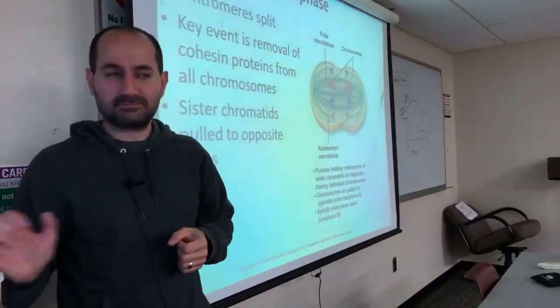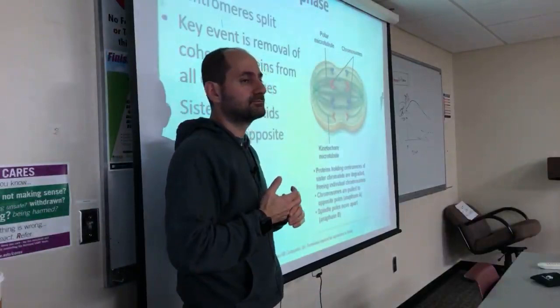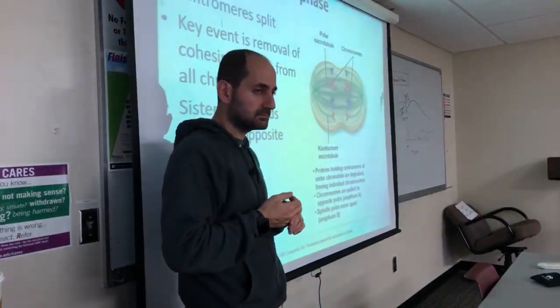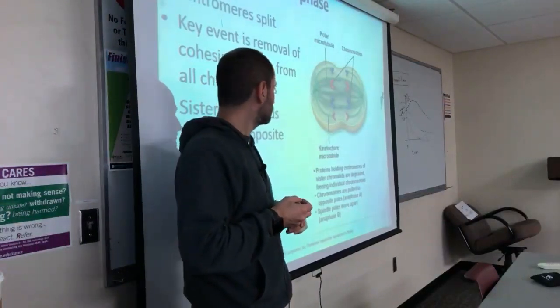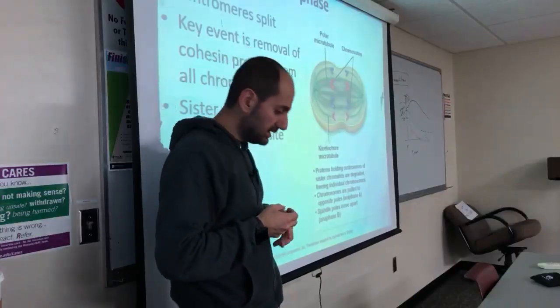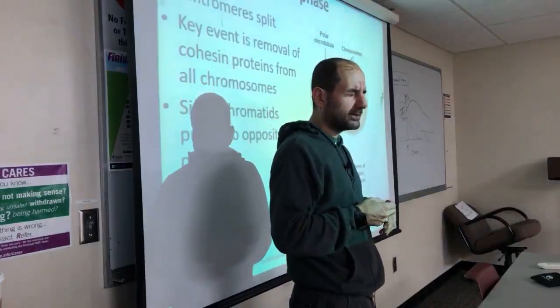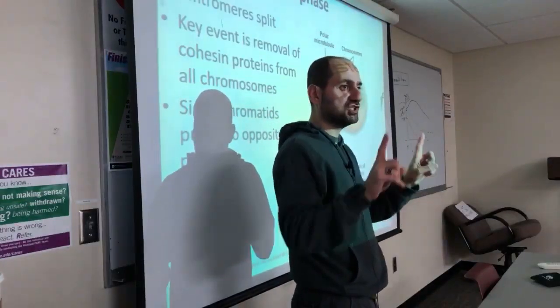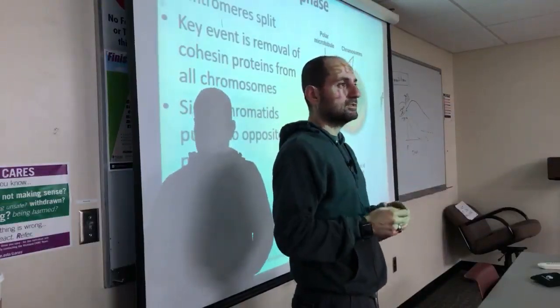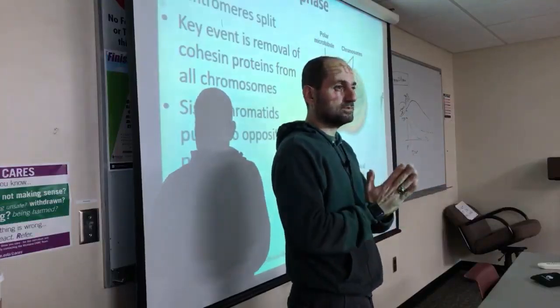So the chromosomes from the first cell and the chromosomes from the second cell should be identical. Yes, exactly. Because what you've essentially done in mitosis, and that's why the product of mitosis is two genetically identical cells, is you started with 46 chromosomes.